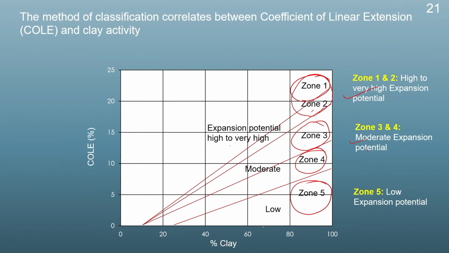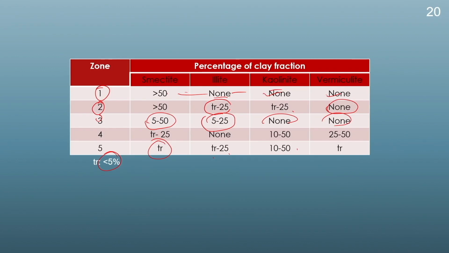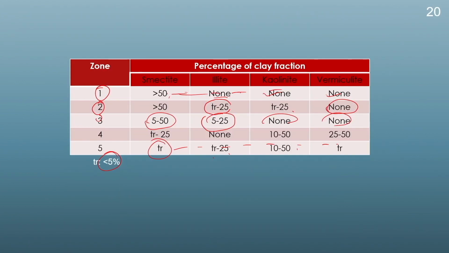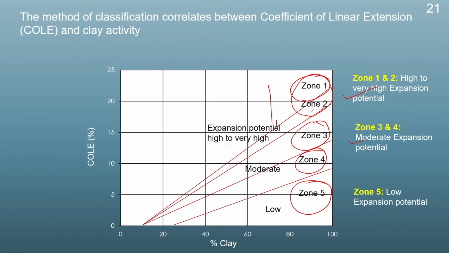That means zone 5 soil will have this amount of mineralogical content, and zone 1 soil will have this amount of mineralogical content. So, based on the cation exchange capacity, then the COLE value and the percentage clay value, the soil can be classified as highly expansive soil, moderately expansive soil and low expansive soil.